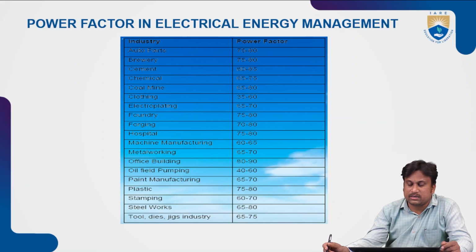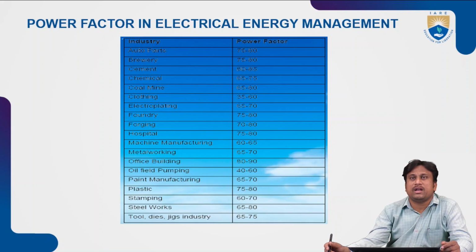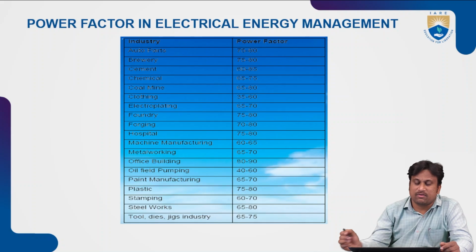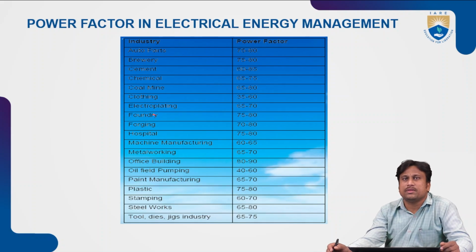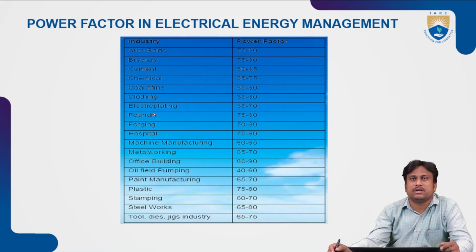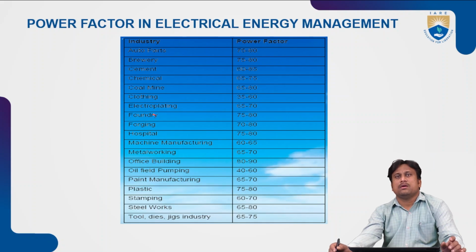Coal mines, 65 to 80. Clothing, 35 to 60. Electroplating, about 65 to 70. Foundry equipment, 75 to 80. Forging, 70 to 80.